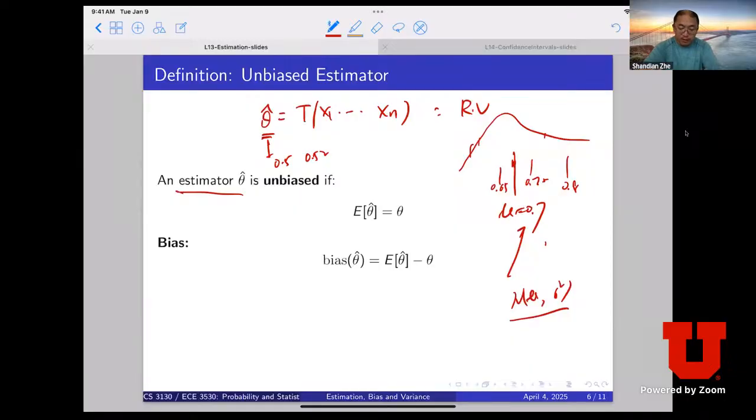And your estimator is constructed by a set of random variables in your sample. It is random. So it is unlikely that doing one round of experiment, you get some value, say 0.5, that will be exactly the same as the ground truth of mu. Then how do we know if your estimator is good or not?